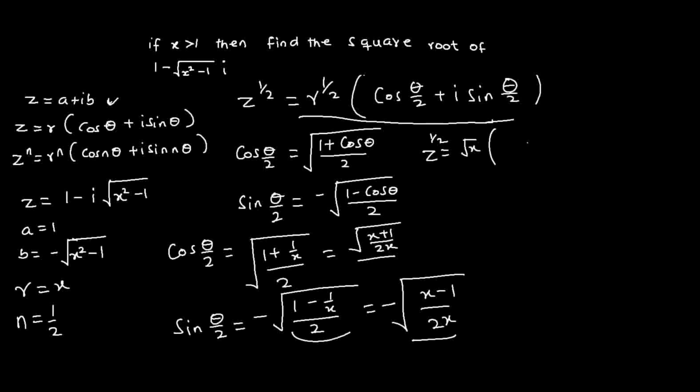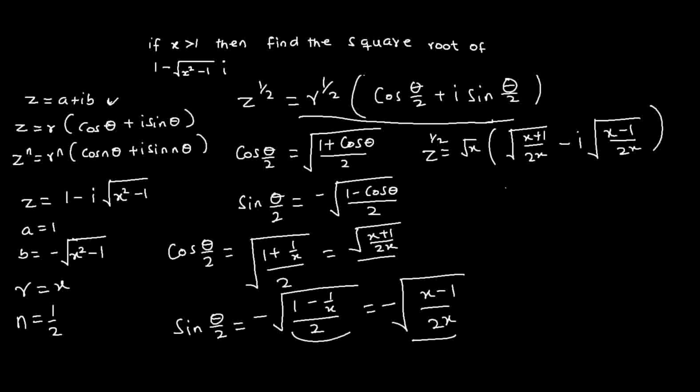This will multiply cosine theta on 2, which is the same as the square root of x plus 1 divided by 2x, plus i sine of theta on 2, and that's minus the square root of x minus 1 divided by 2x. So this will become minus i square root of x minus 1 divided by 2x. This is what we have now.